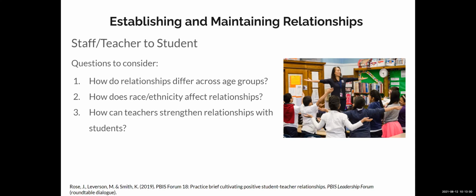Considering the developmental age of the student, we know that children before adolescence rely heavily upon adult direction, and having a relationship with a teacher who assumes more of the responsibility in the decision-making process is developmentally appropriate for children in preschool through early elementary grades. When students get to middle school or high school, they typically have fewer meaningful student-teacher interactions, while developmentally, they actually need more support as they transition into larger, more competitive learning environments.